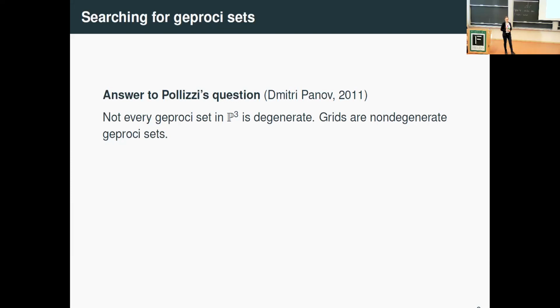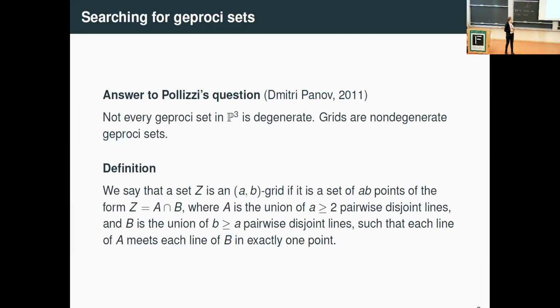And these sets are called grids. So what is a grid? Let me say what an AB grid is.